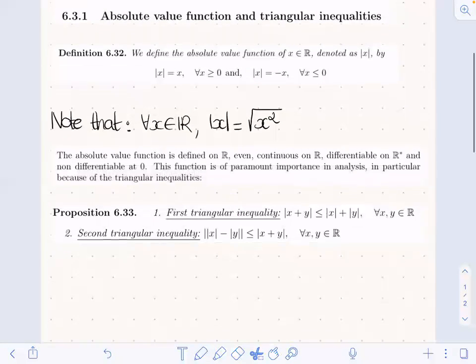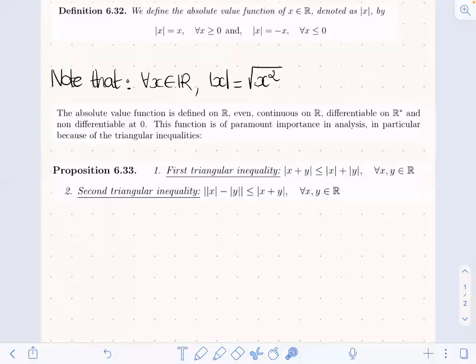The first one tells you that the absolute value of x plus y is smaller than the absolute value of x plus the absolute value of y. This inequality is very closely related to the Pythagoras theorem. If you take a look at what this means geometrically, you'll find that the equality case of the triangular inequality is very much related to Pythagoras.